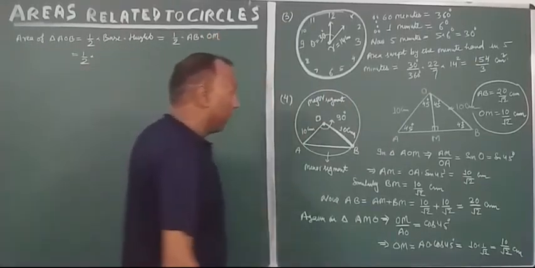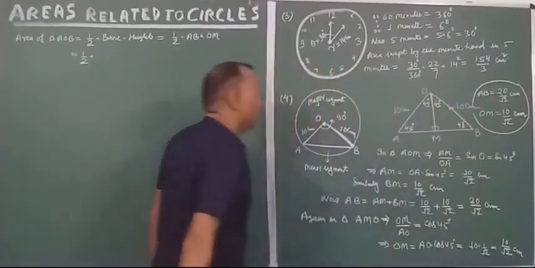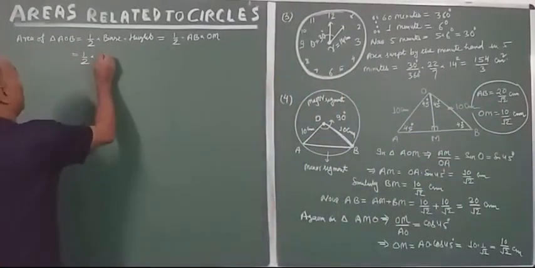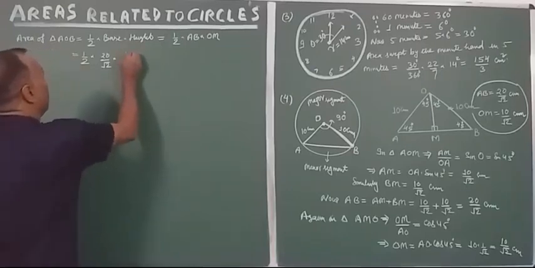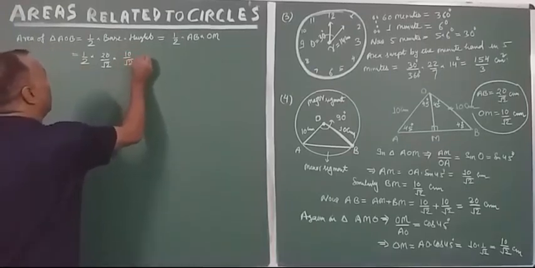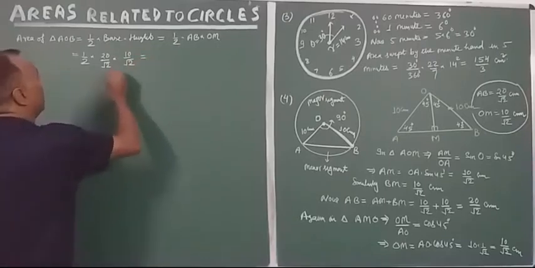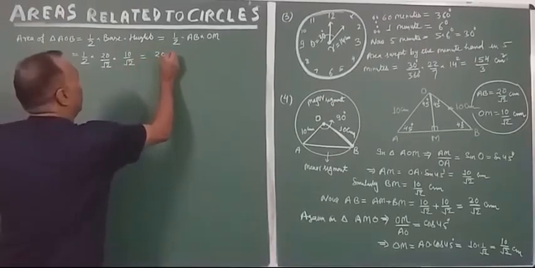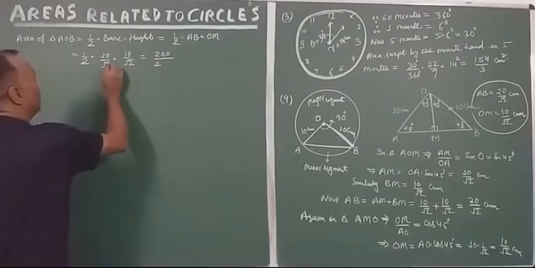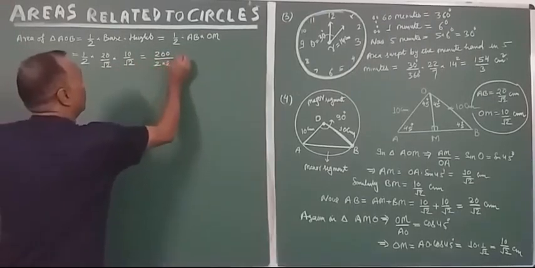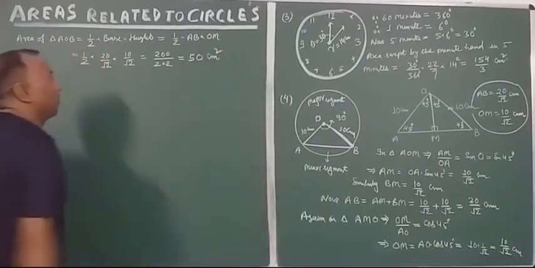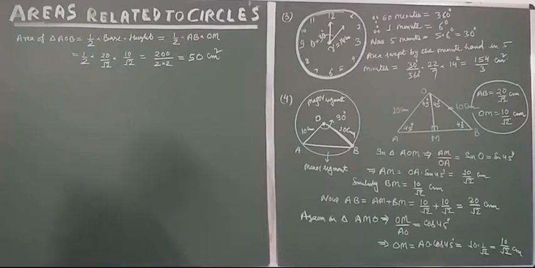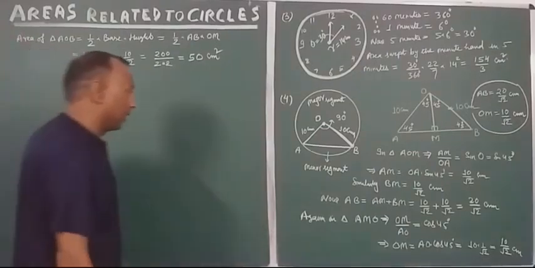The value of AB here is 20 upon under root 2, and the height is 10 upon under root 2. Now calculate it. 20 times 10 is 200, and under root 2 into under root 2 is 2, half of 2 into 100 is 50 centimeter square. 50 centimeter square is the area of this triangle.